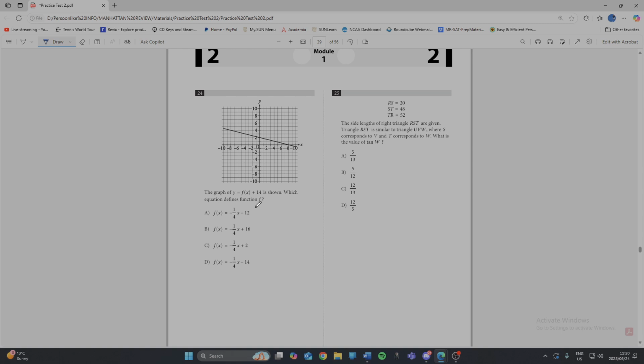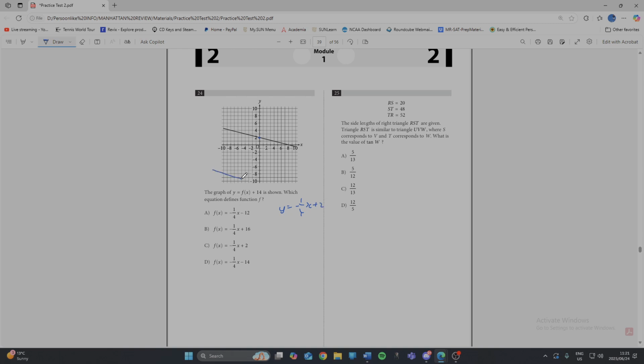So if this is just f(x) with a 14 added, then this new graph is y equals negative something. It seems to be negative 1 over 4, negative 1/4 x plus 2, because of this y-intercept of 2 over there. That means that the original one would be 14 less than that, seeing that 14 has already been added to the previous equation. So 2 minus 14 is negative 12.